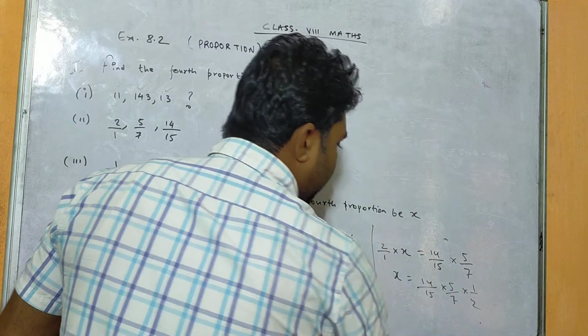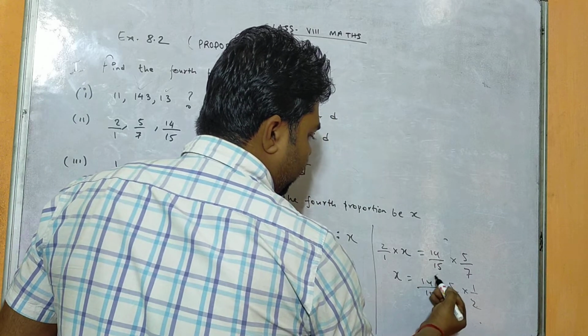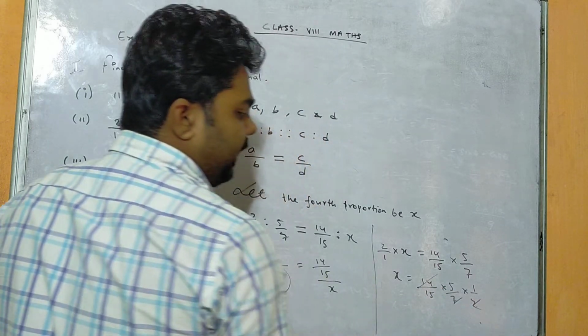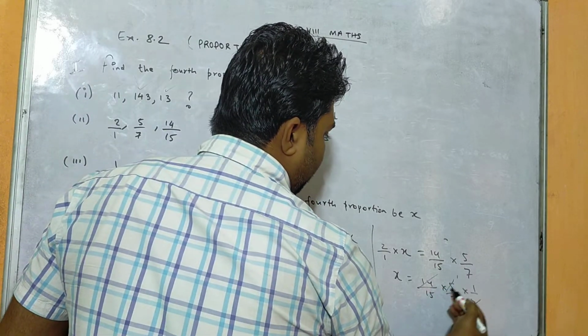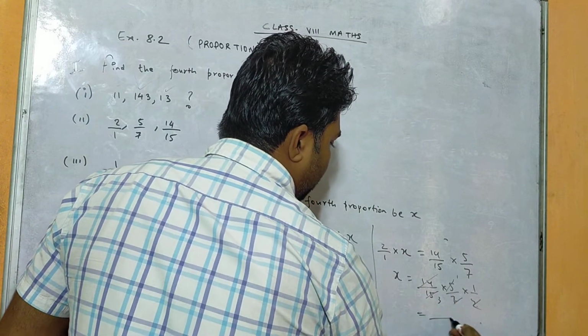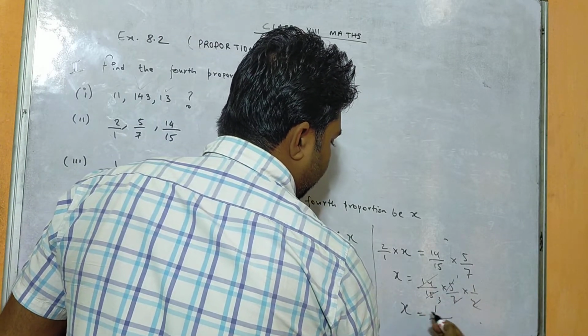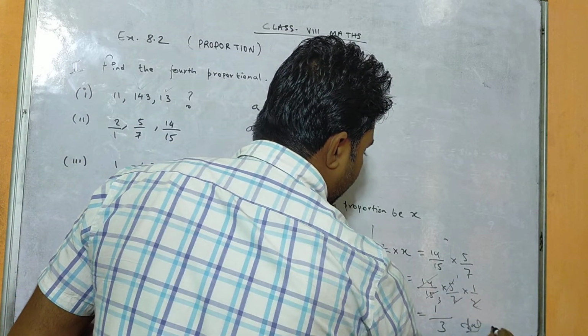This 2 will get cross multiplied again here. Now you see, 7 twos are 14 and 14 will get cancelled. 5 ones are 5, 5 threes are 15. That means what is left? In the denominator we are left with 3 and in the numerator we have 1. That means x equals 1 by 3, right?